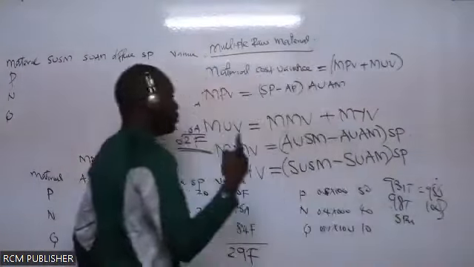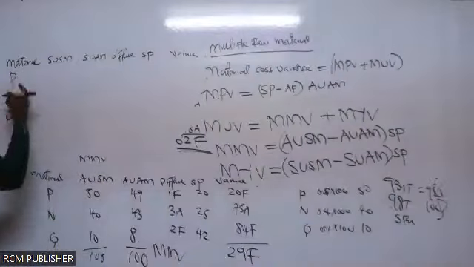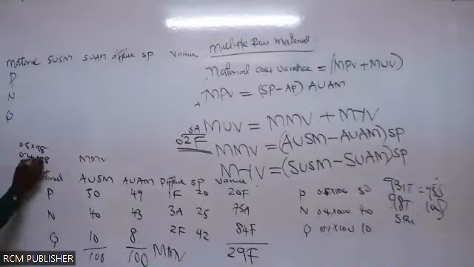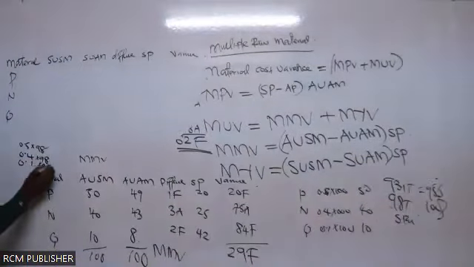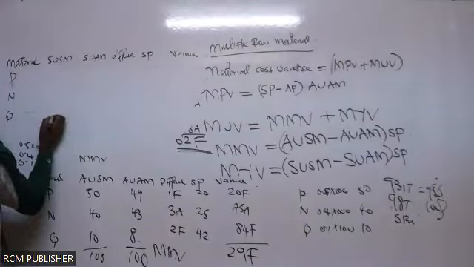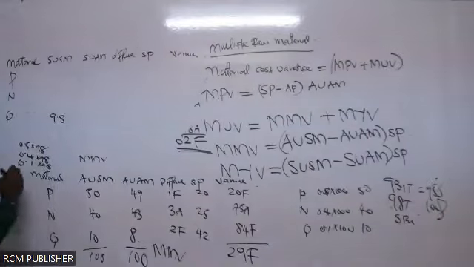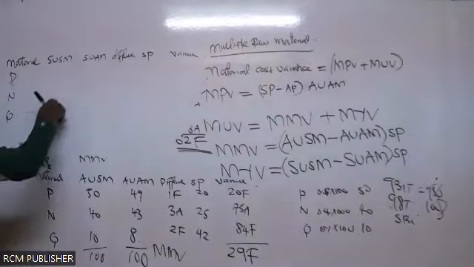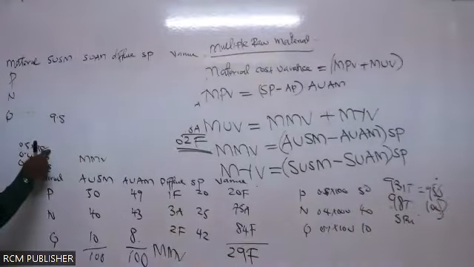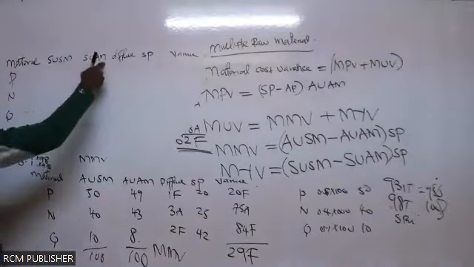So what will P be having? P will be taking 0.5 multiplied by 98, 0.4 by 98, 0.1 by 98, which I know will give me 9.8. So give me this figure, 0.5 by 98.